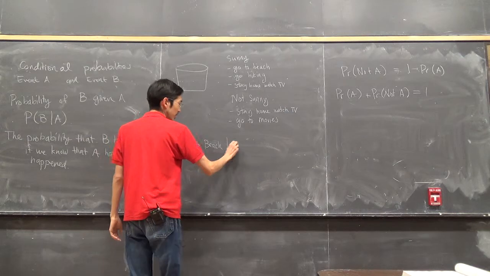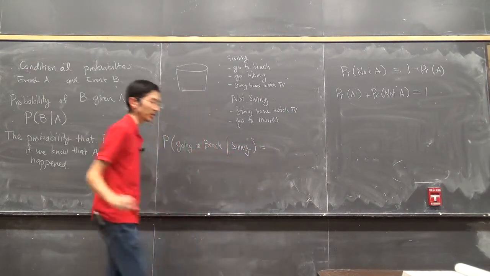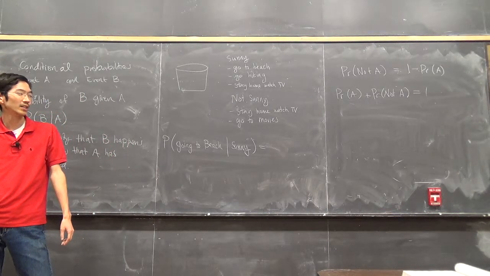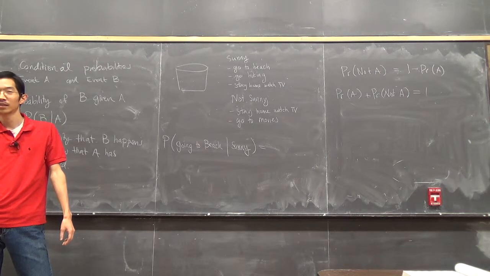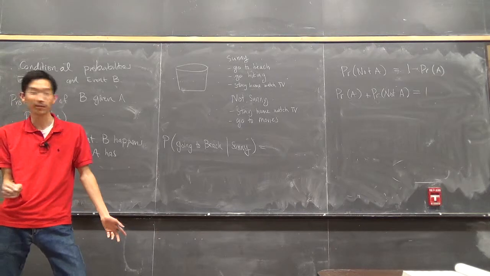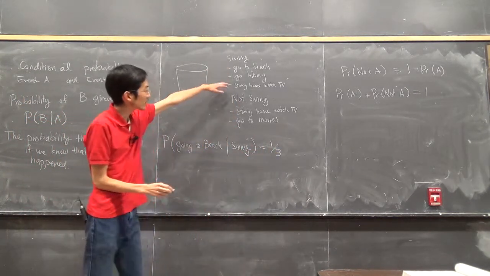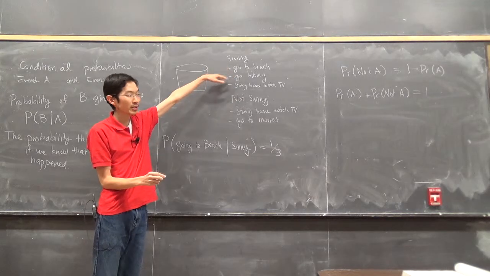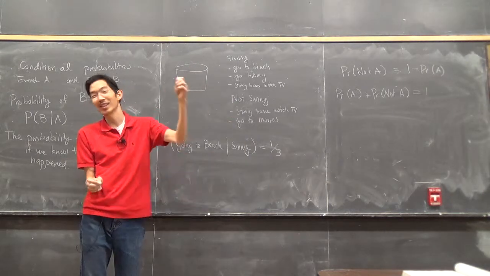So the probability of going to the beach if it's a sunny day is equal to 1 out of 3. If it's a sunny day, I'm going to write one thing on each of 3 different pieces of paper, throw them into the bucket, and reach in to decide what to do.